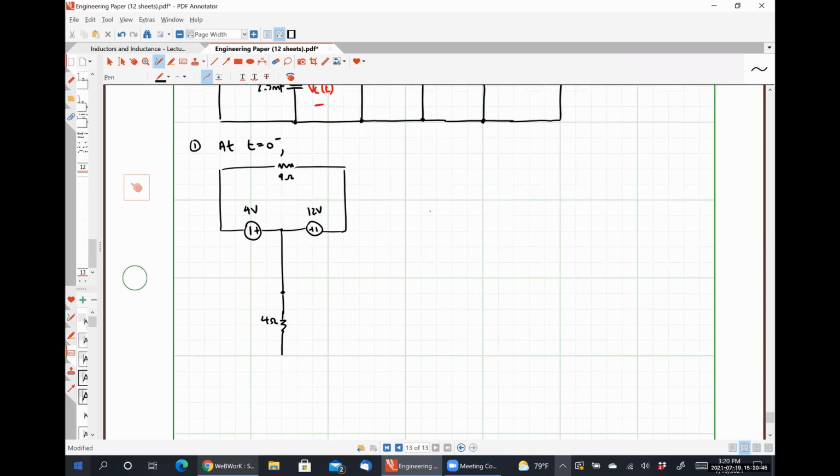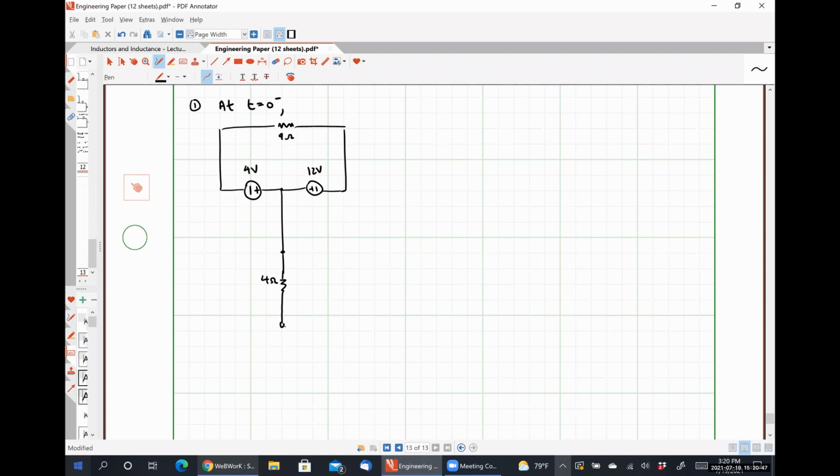Our capacitor is going to look like an open circuit. So here's VC at 0 minus.